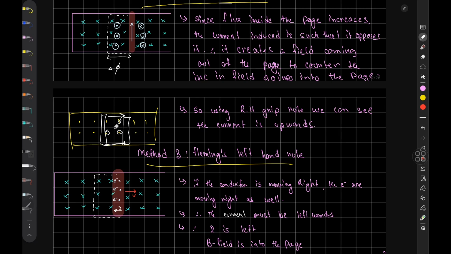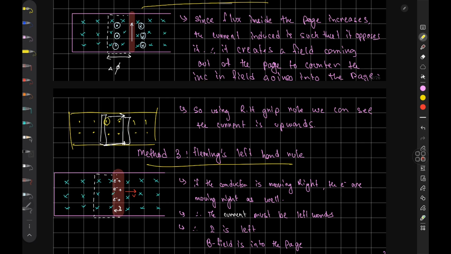So the magnetic field over here, the dots mean that it is out of the page. So basically the conductor cut through the magnetic fields that were out of the page. A bunch of magnetic field was cut by the conductor that was out of the page. So the change was magnetic field out of the page. So what is the induced current going to be such that the magnetic field in this region is into the page?